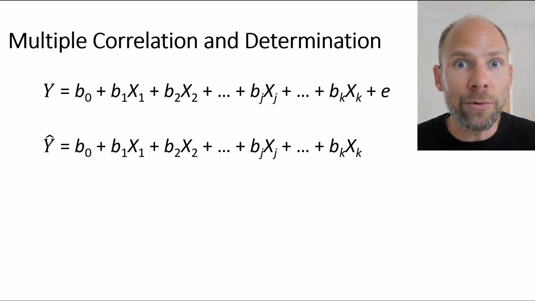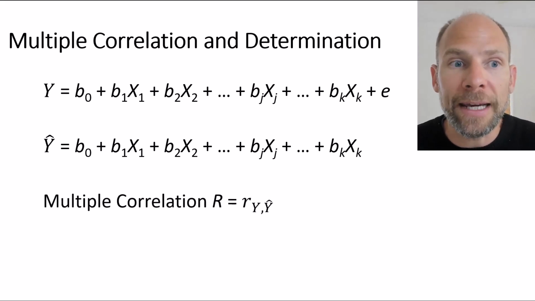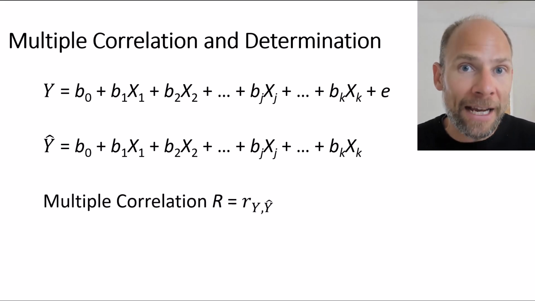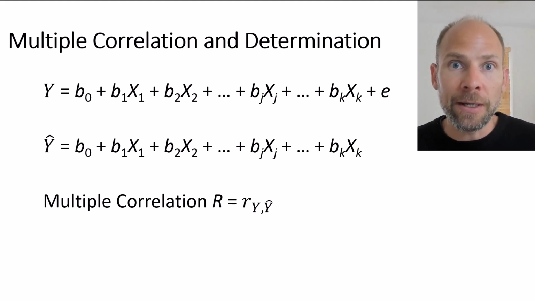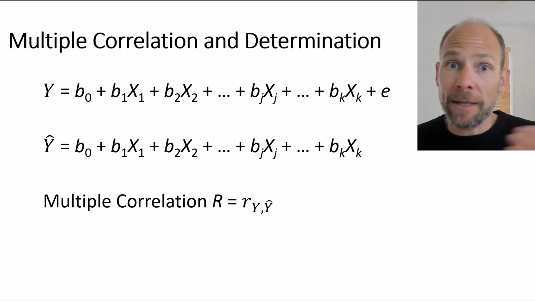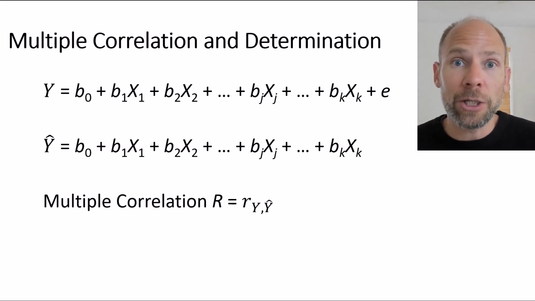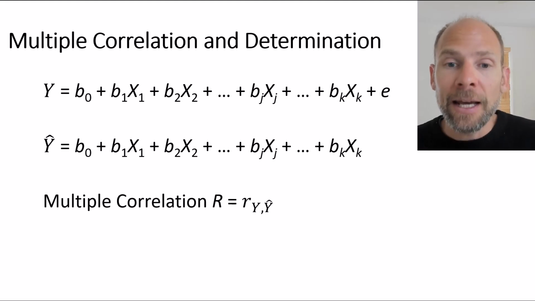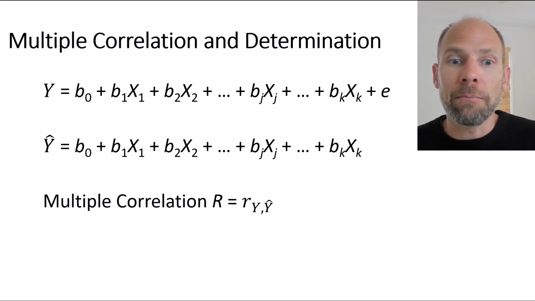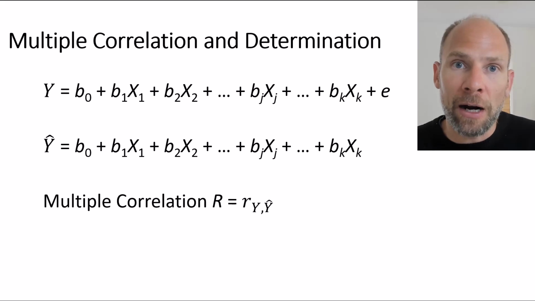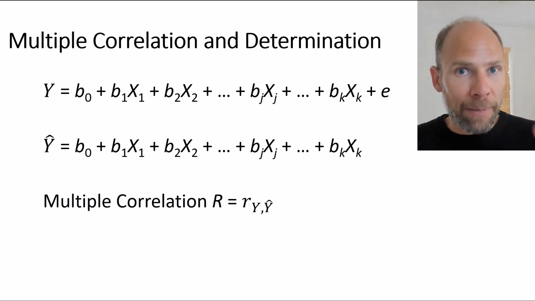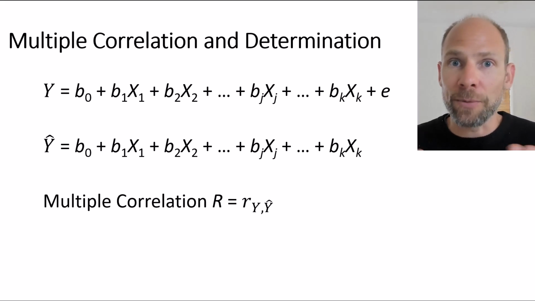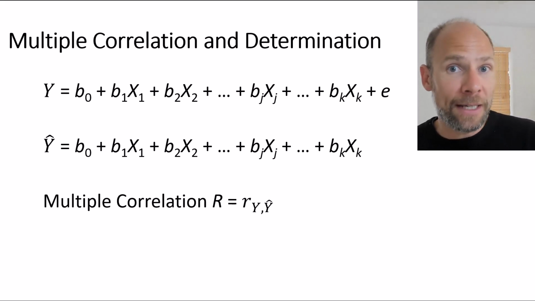And so what we can do then is correlate the observed or actual y-scores with the predicted y-scores. We can simply calculate the bivariate correlation or Pearson correlation between y and y hat, and that gives us the so-called multiple correlation R. So the multiple correlation R is nothing but the bivariate correlation between the observed y-scores and the predicted y-scores.